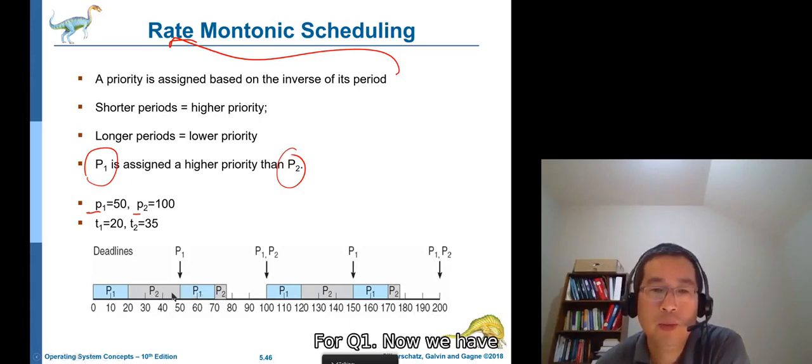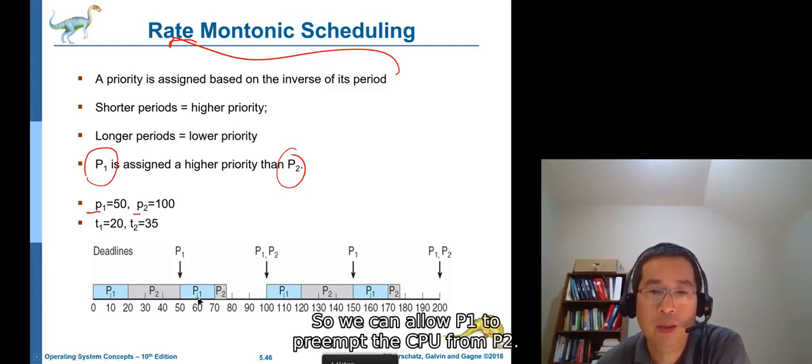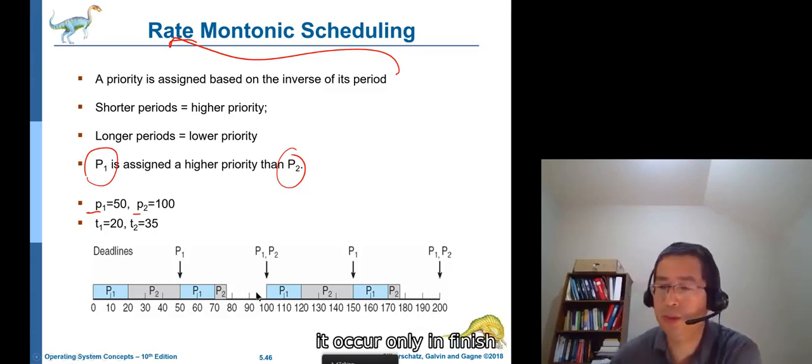In the second period for P1, now we have two processes available for scheduling. But P1 has high priority, so we can allow P1 to preempt the CPU from P2.